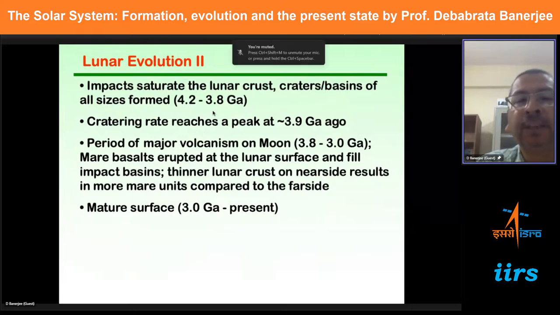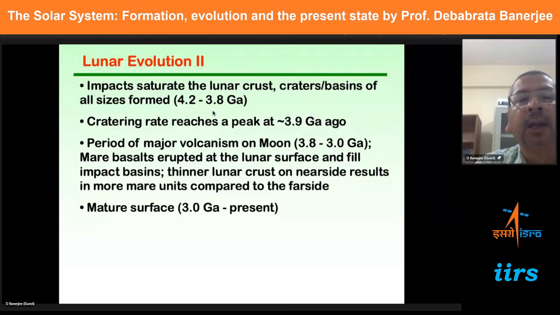And then there was a period of major volcanism. So where is this heat source? This is being debated, whether it was KREEP or non-KREEP as well. For that, we need more samples and more determinations of uranium, thorium, and potassium, which are the major radioactive elements.